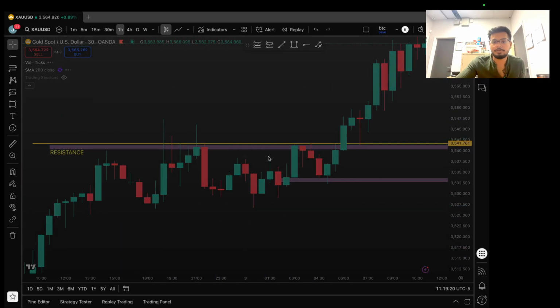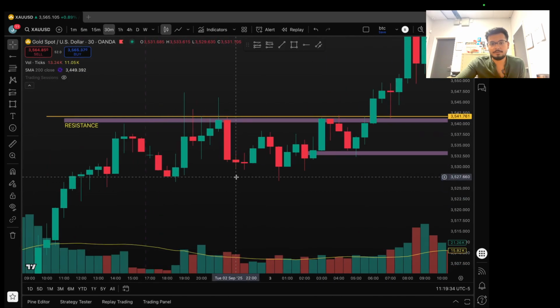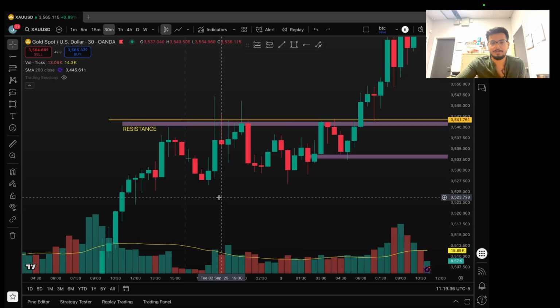So from the 1 hour, if you can see, it got rejected again, just wicks and gets rejected, comes back down to its support and takes support. Okay, so if we move from 1 hour to 30 minute, you can still see it rejected.